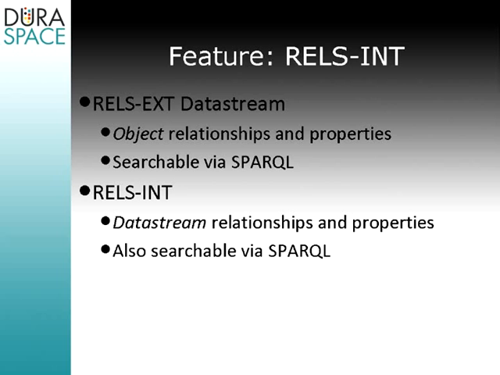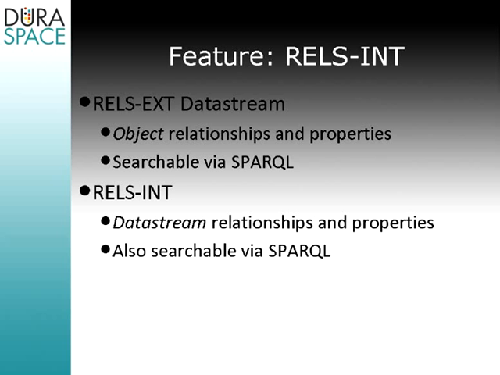So one of the major features of the Fedora 3.3 release was this feature that we're calling RELS-INT. And to put it fairly briefly, this has basically created the ability for people to create extended relationships and properties about their data streams that they've stored in the digital repository.